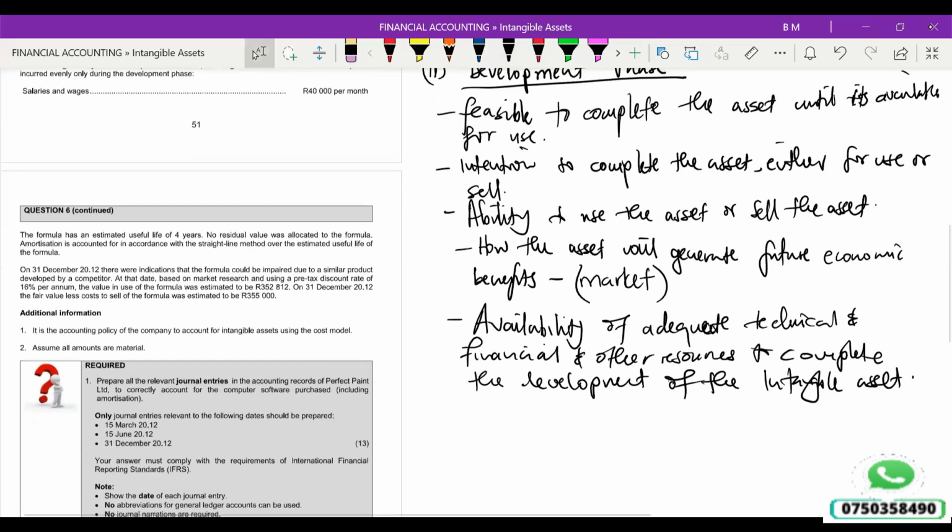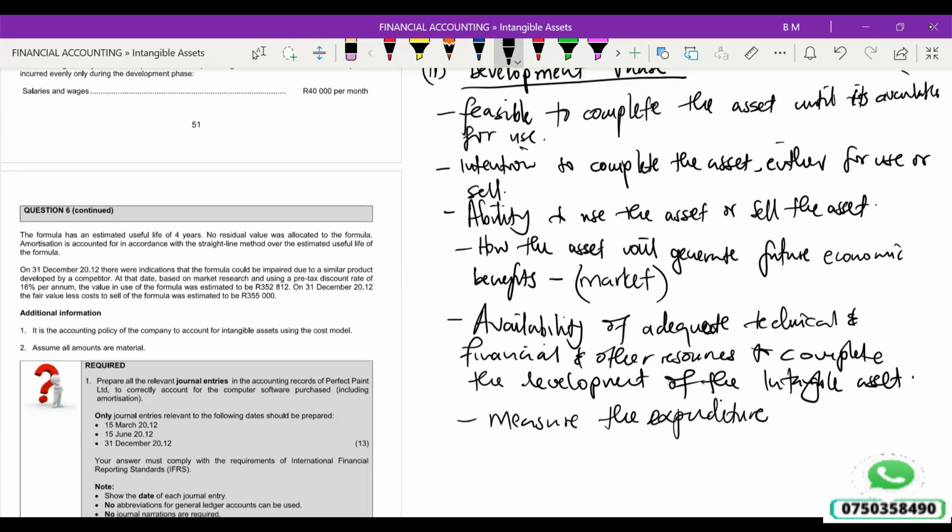So when we talk about adequate technical and financial, do we have enough money? Do we have enough resources? Does it need labor for us to be able to complete the asset?